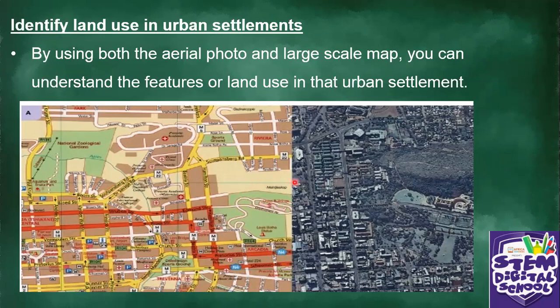They are showing one area. It's the same area. It's only that this is an aerial photograph and this is a large-scale map. So by using both, we're able to understand the features of a particular area or urban settlement.